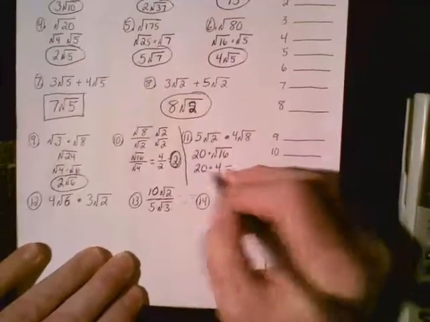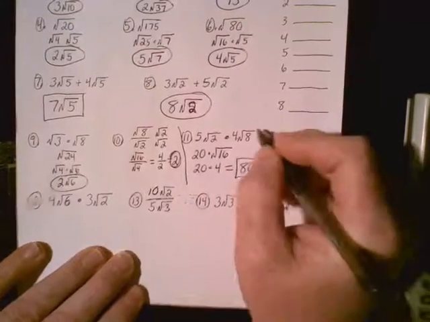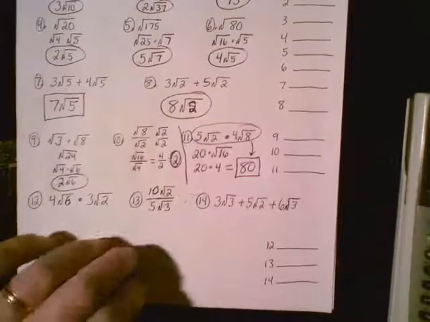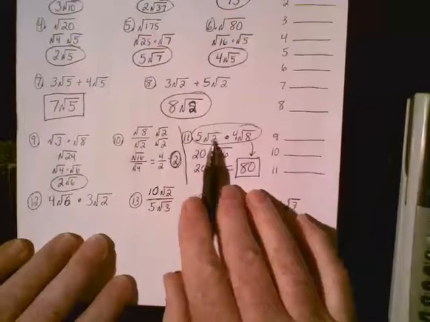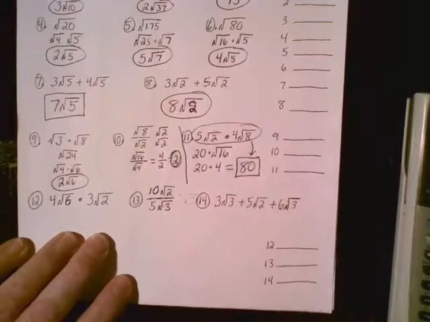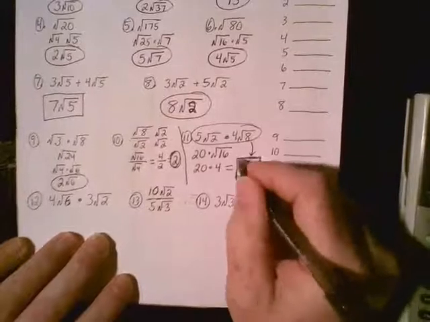And if we just do the math there, 20 times 4 is 80. So all of this simplified down into exactly 80. If you would have done part of it on your calculator, then times it by the other part on your calculator, it would have given you a rounded off answer, and it wouldn't have given you this exact answer.